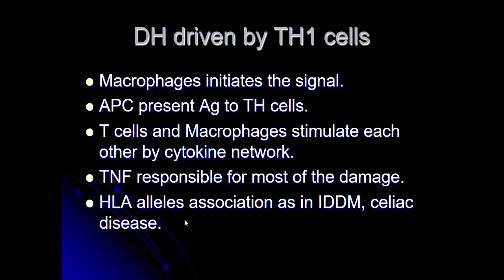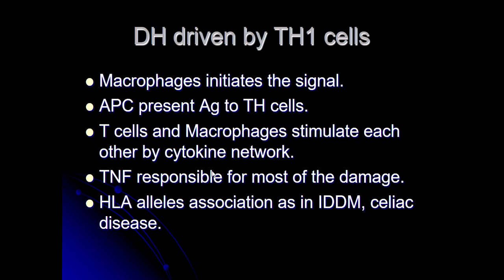Yes, there is an HLA alleles association, as in insulin-dependent diabetes mellitus, for example, as well as in celiac disease. So all of those are delayed type hypersensitivity reaction type 4: insulin-dependent diabetes mellitus, as well as celiac disease.